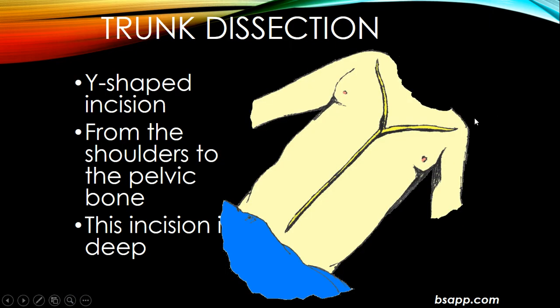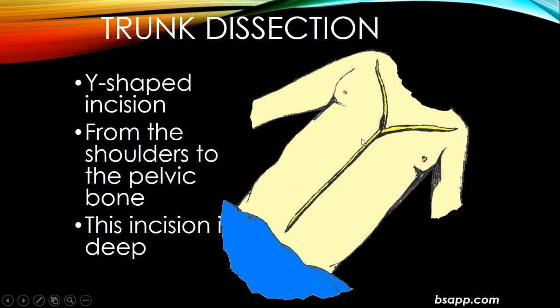Once you've done the external exam, it is time to begin the internal exam. The trunk is going to be dissected using a Y-shaped incision. Starting at the shoulders, like the collarbone area, and then coming to a point in between the chest, and then going down to the pelvic bone, straight down the body.